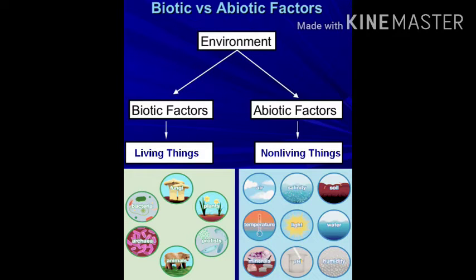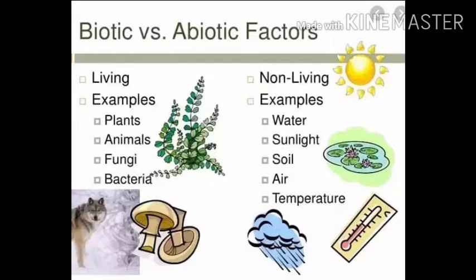And see here, abiotic factors. Non-living things in our environment are called abiotic factors. Example, air, soil, water, sunlight and temperature.